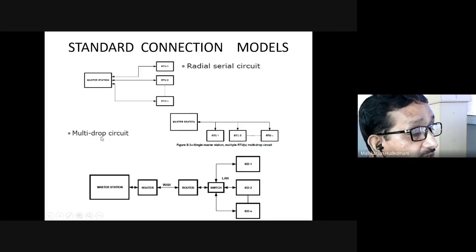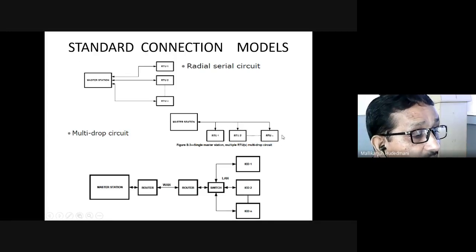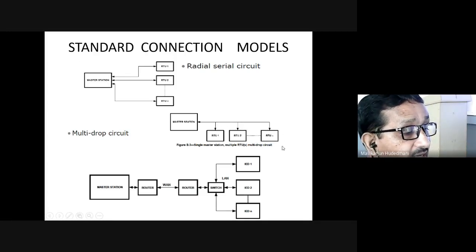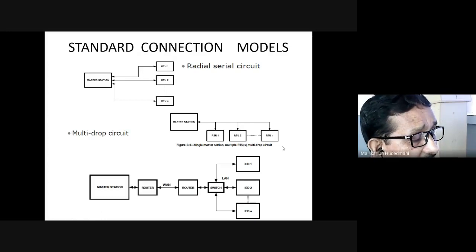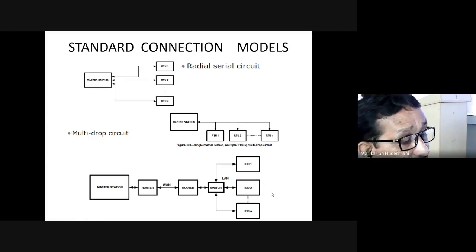This we call multi-drop. From the single master station, information is dropped on the line and it gets connected to several RTUs. Then another case is a far away remote area.